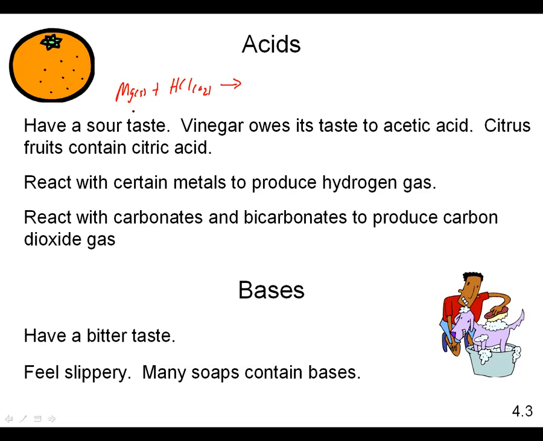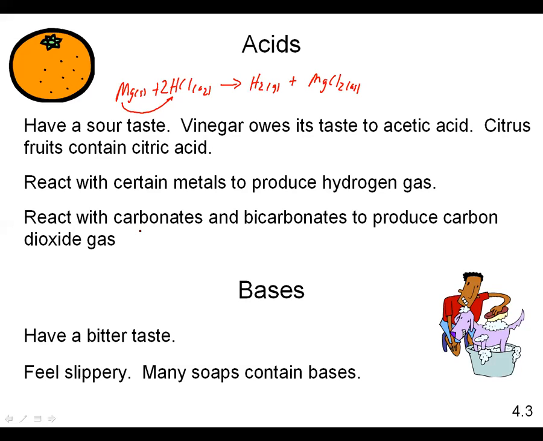It does a single replacement reaction, comes in and kicks out the hydrogen, and that's how we generate hydrogen gas. The magnesium and the chlorine come together to make magnesium chloride, with a little bit of balancing perhaps, and that should be good. That's a common sort of reaction that occurs with acids.